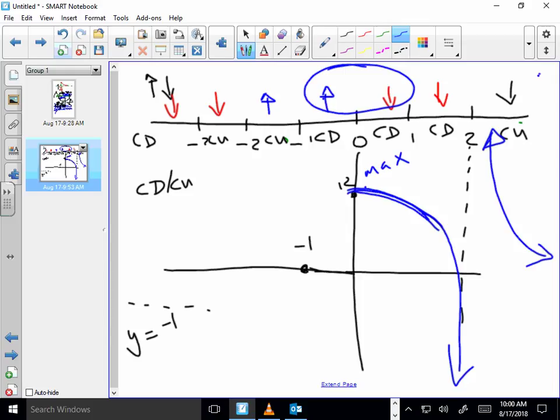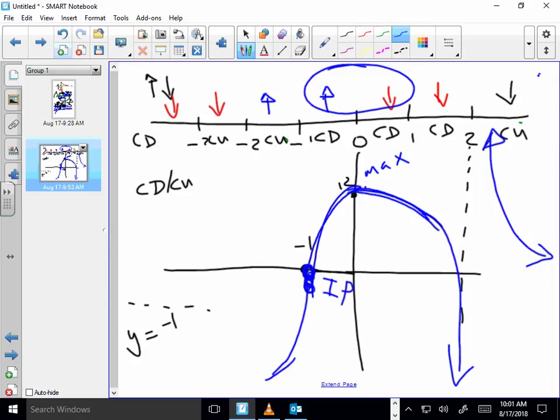Notice on the other side of 0, increasing and concave down. Increasing and concave up, which means here at -1, I have an inflection point. Increasing and concave up, good.